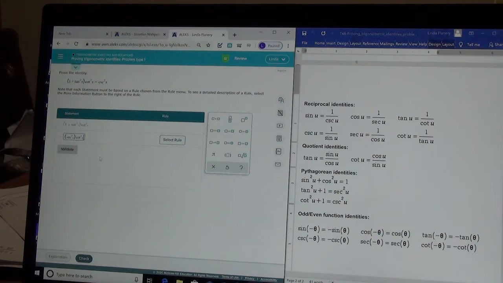And then if I go down farther, I also see that I could have the cotangent, if I rearrange it, be cosecant squared minus 1.